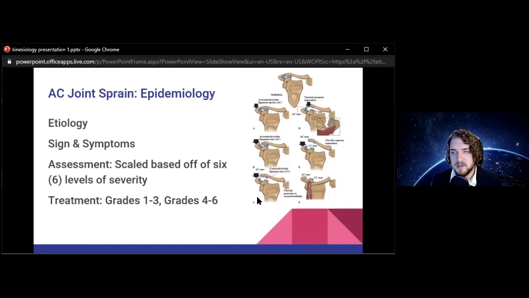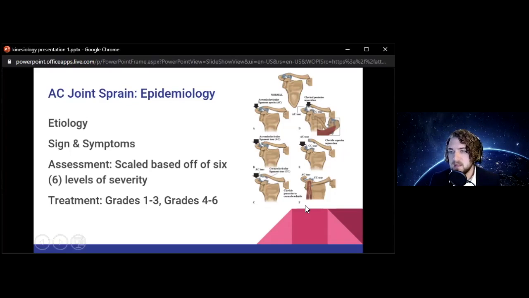Third is a rupture of all of those ligaments, and the clavicle is no longer attached to the scapula in any way. And then the fourth is all of the ligaments are detached, and it is posteriorly separated from the acromion. So it is completely out, hard to get back in.